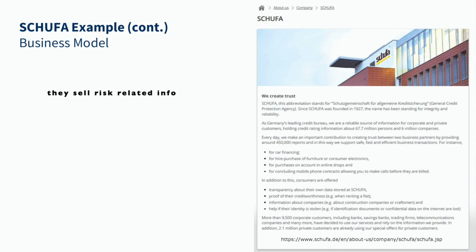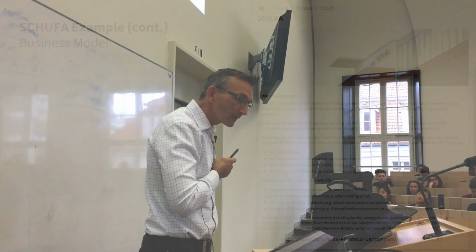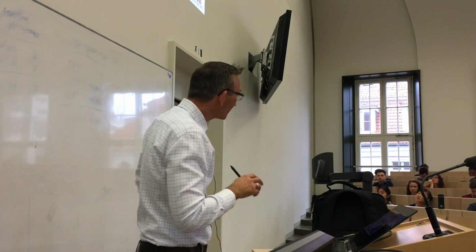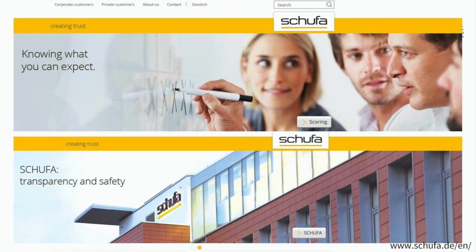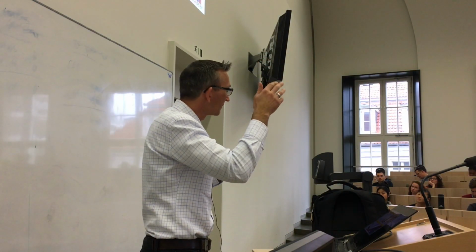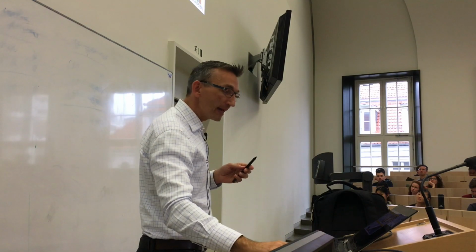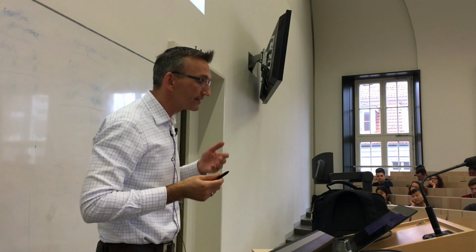What actually is it that they sell? They sell a score which embodies information. What does this score tell us? Let's go back one bit. We had this slide, right? Knowing what you can expect. We can take that as one of their mission statements. This embodies an element about prediction, and your description already embodies this element as well.